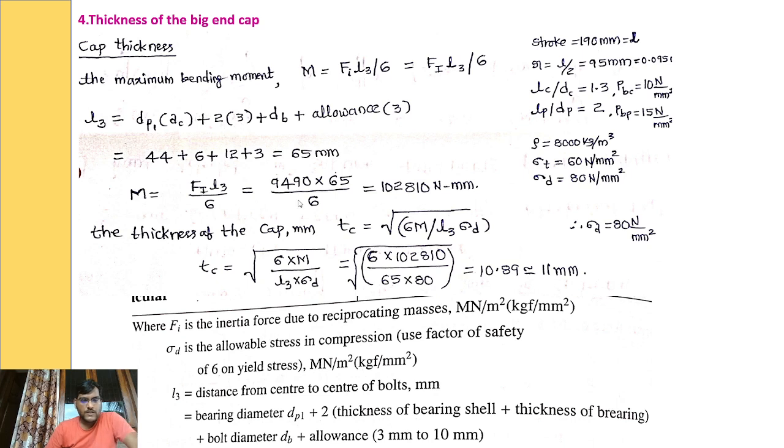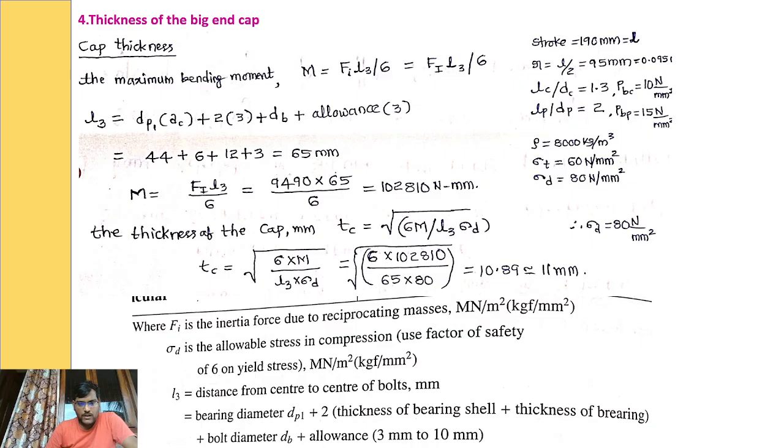Then 2 into thickness of bearing shell plus thickness of bearing value. The entire value you can take as 3 mm. 2 into 3. Similarly, bolt diameter plus allowance. The allowance is here 3 to 10 mm. So here again allowance is 3 mm.